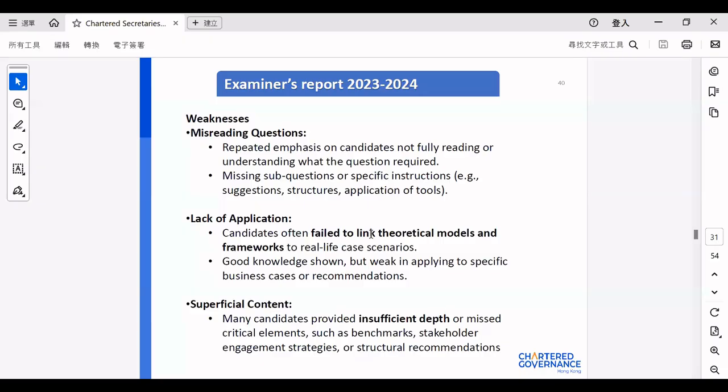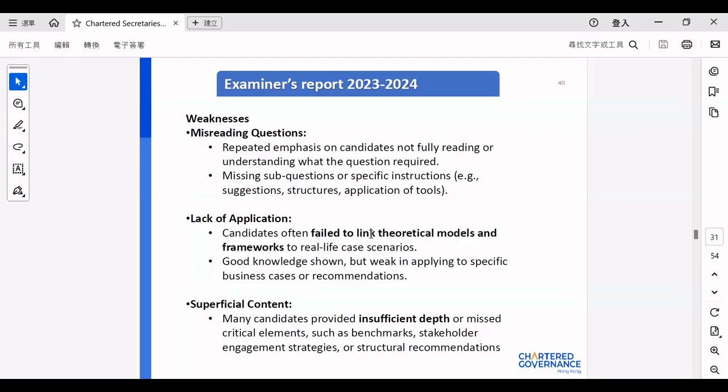The point is that when you come to the examination room, the examiner may ask something a little bit different from what you expect. You try to tip the questions, but the examiner asks the same topic, but they want you to focus at a different angle. Now, that is a big problem because many of the candidates will simply recite all they know about that topic, that model, whatever they have prepared, and write everything down.